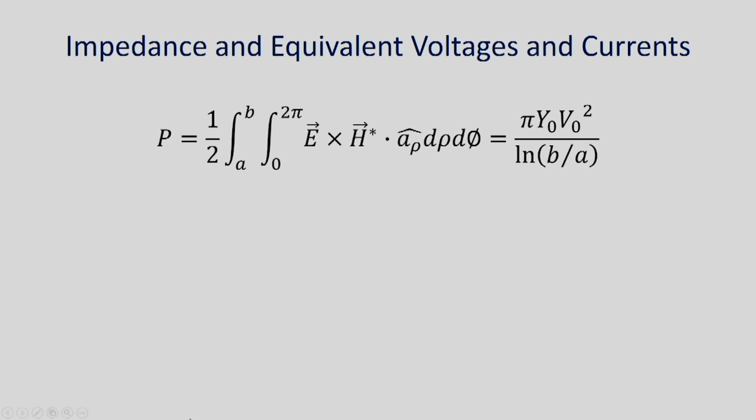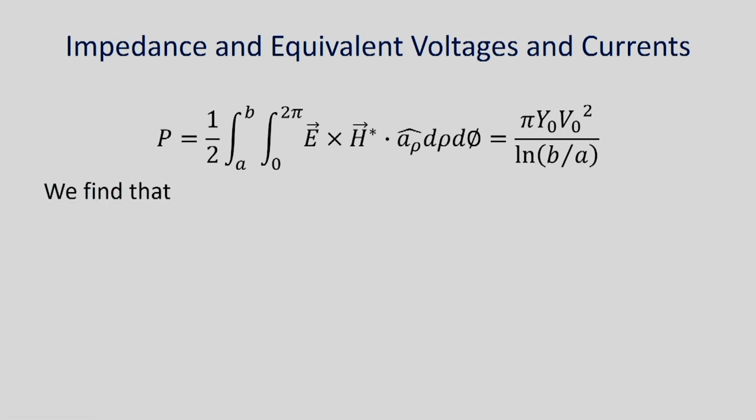Power is given by integration of the Poynting vector over the cross section of the transmission line, and once evaluated we get pi Y0 V0 squared by ln(b/a).